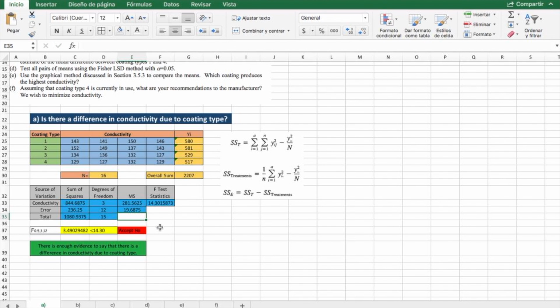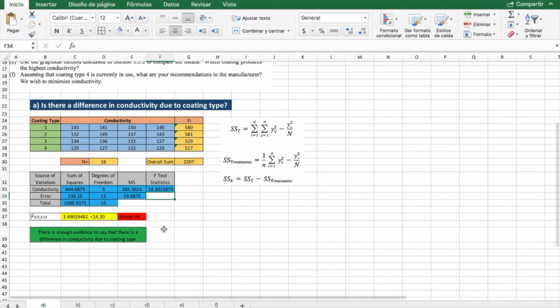And finally, you have to take the F test statistic, and this is obtained by dividing the MS conductivity by the MS error, and this gives us 14.301.